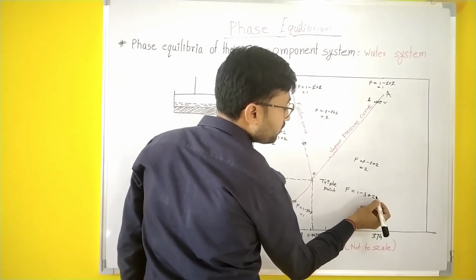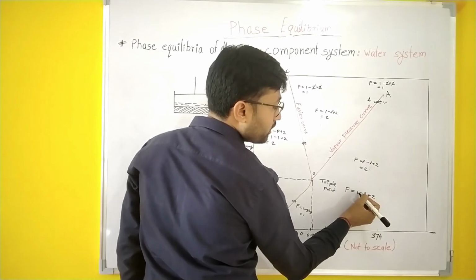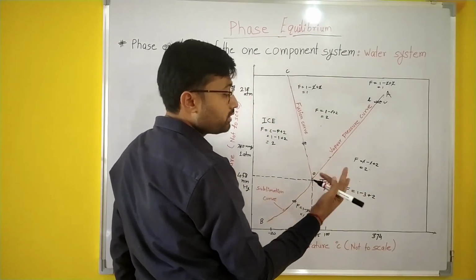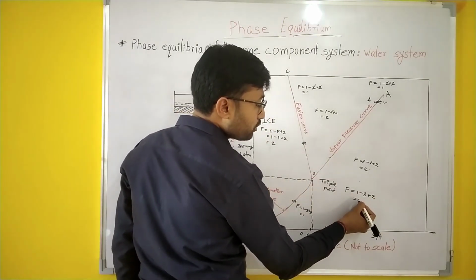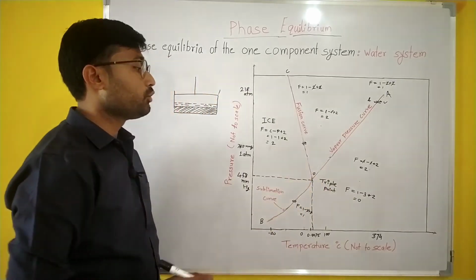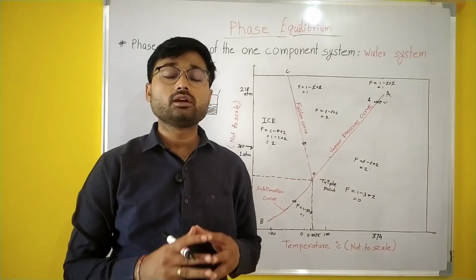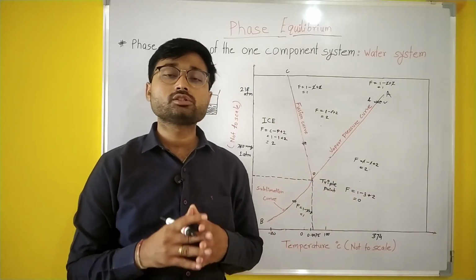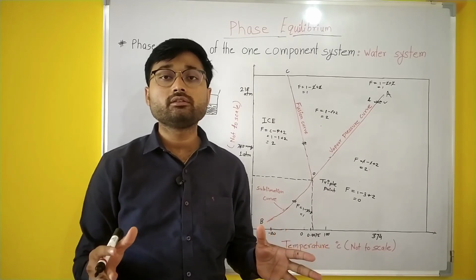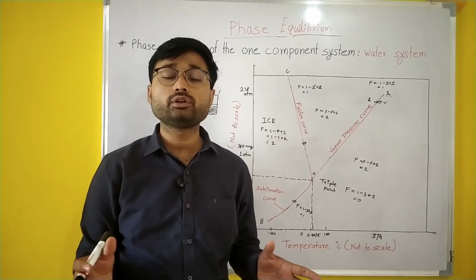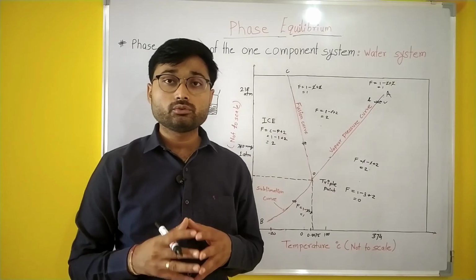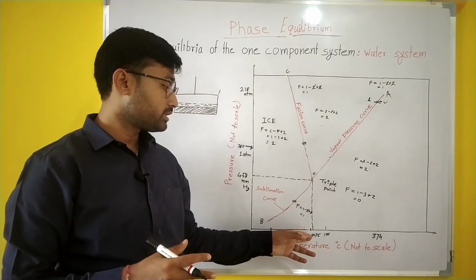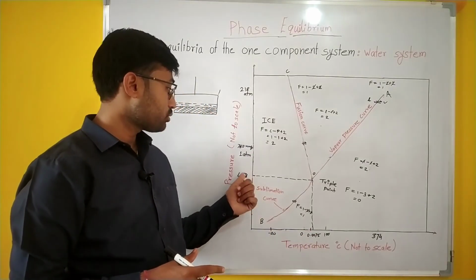So 1 minus 3 plus 2, it will be 3, 3 minus 3 it will be 0. So at the triple point your degree of freedom is invariant. There is no need to tell any variable. Your temperature is fixed here and pressure is also fixed.